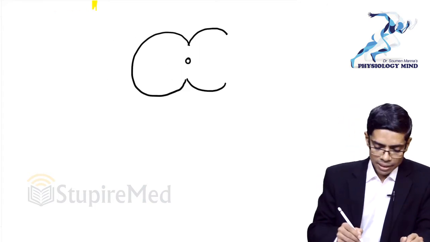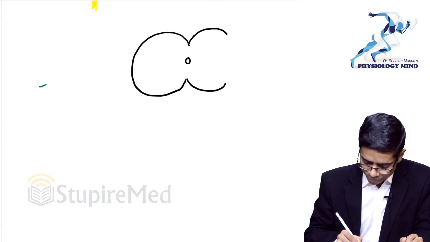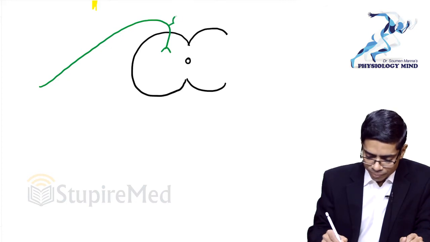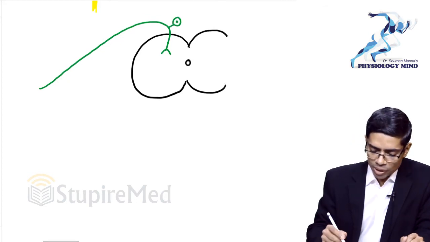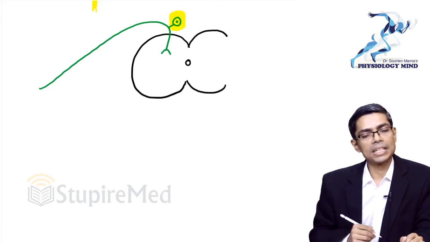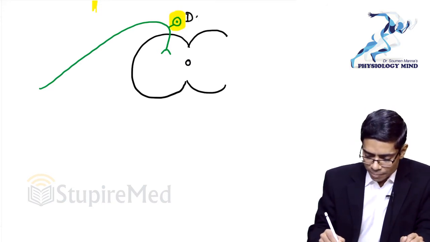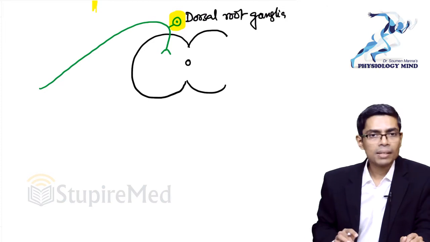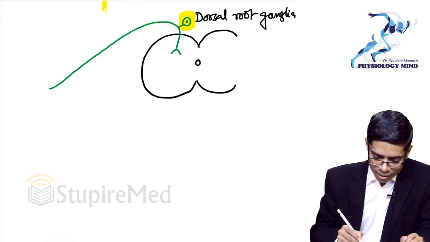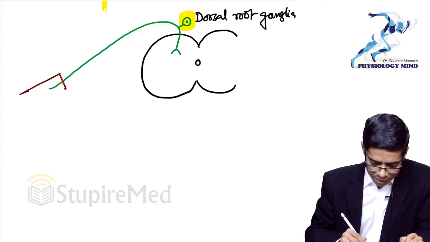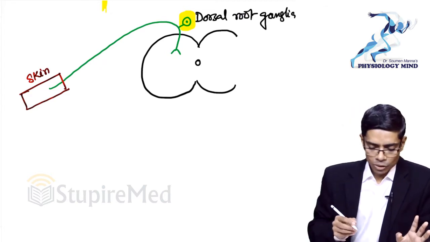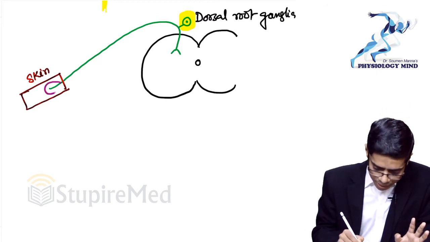We all know that sensory afferent neurons enter through the dorsal region of the spinal cord, and the cell bodies of all sensory neurons form the dorsal root ganglia. This end of the sensory neuron is present at the level of skin. Suppose this end contains a Pacinian corpuscle. So this is the diagram of the Pacinian corpuscle.